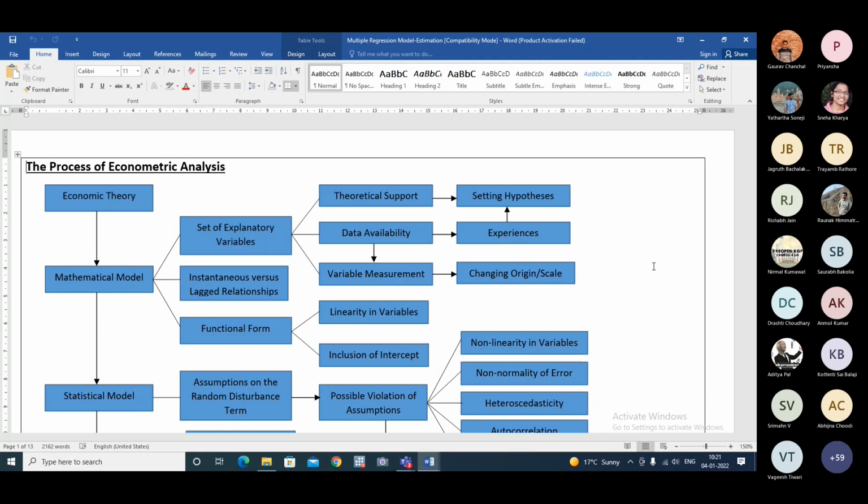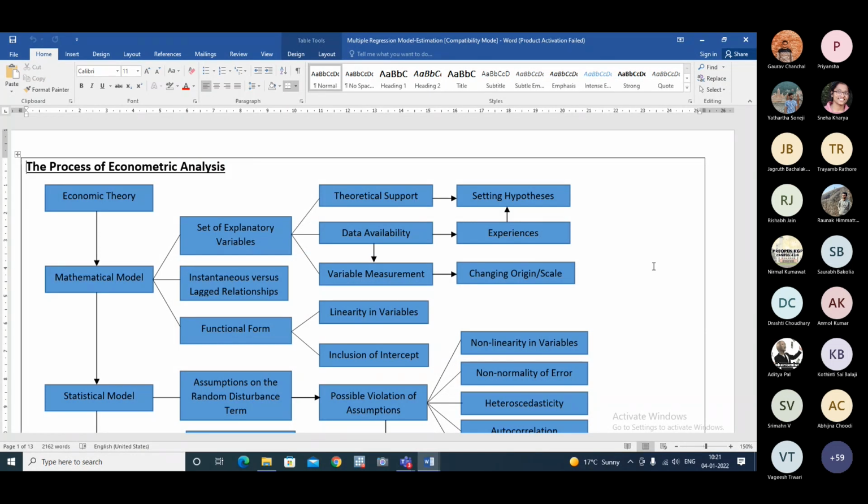There would be one dependent variable. There would be a few independent variables. And I'll basically focus on estimating the model and carrying out testing of hypothesis.